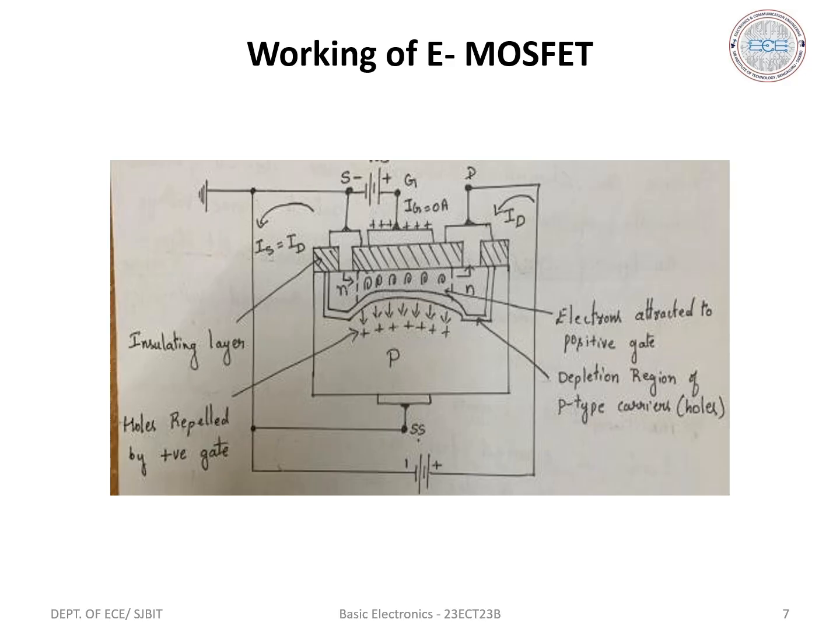So in this type of MOSFET, the application of control voltage enhances the number of charge carriers in this region, and due to that, the channel is getting created here. So this type of MOSFET is called an enhancement MOSFET.